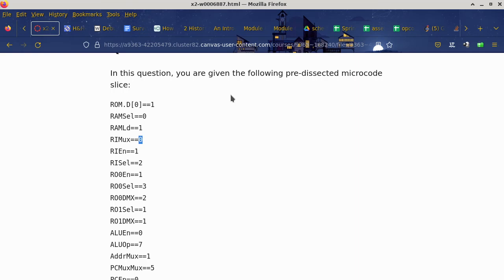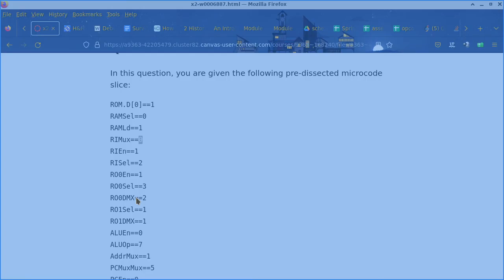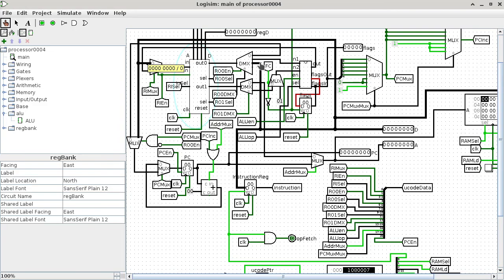So let's go back and track down. RO0EN is indeed a 1, and RO0DMX is indeed a 2. So this is how we can confirm that this output is indeed connected to this input here.